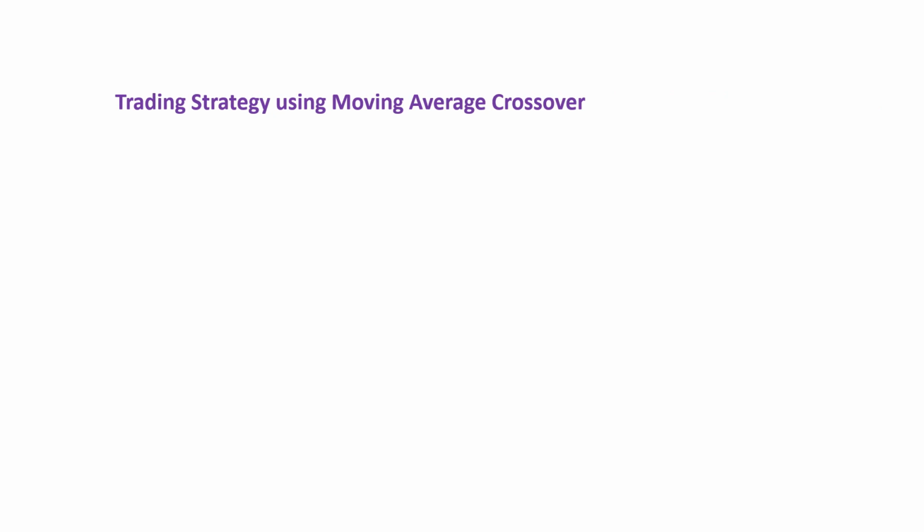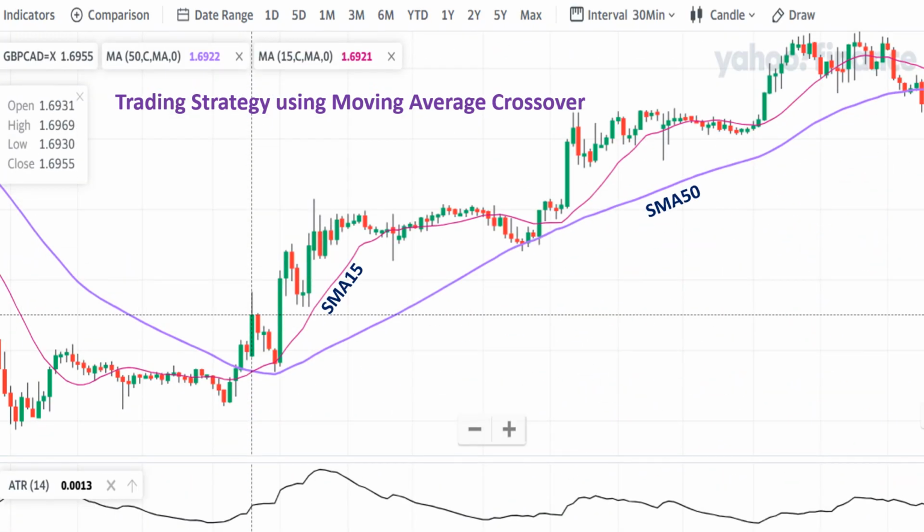In this slide, I'm about to execute a successful trade using the same British pound against the Canadian dollar currency pair, but this time on a 30-minute time frame instead of the hourly time frame.